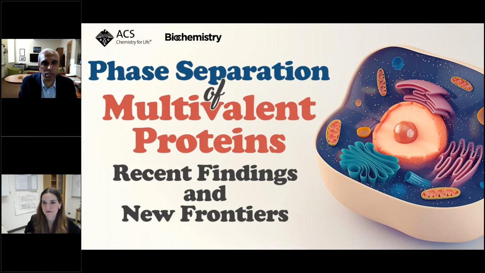So that would be a fairly striking example of the low complexity domains doing something that's very context dependent, because the major driver of phase separation in the context of G3BP are the heterotypic interactions involving G3BP and RNA, not the homotypic interactions that involve the intrinsically disordered region.